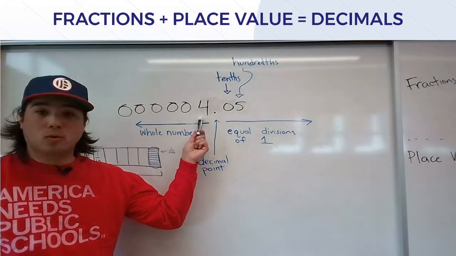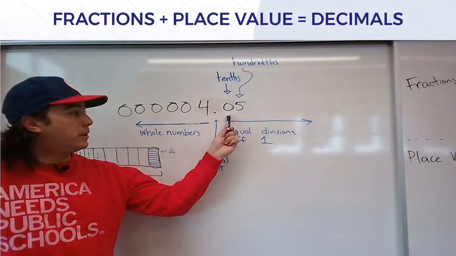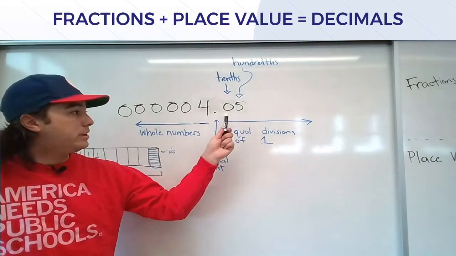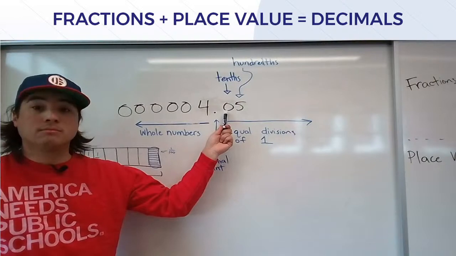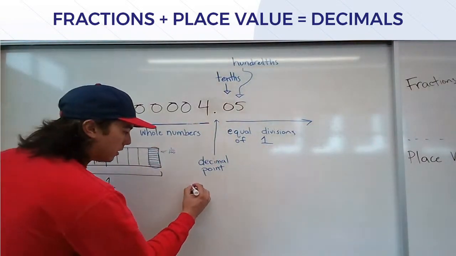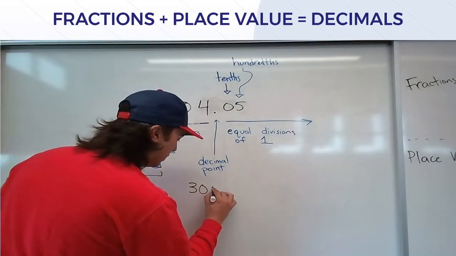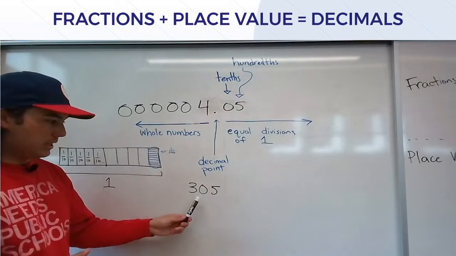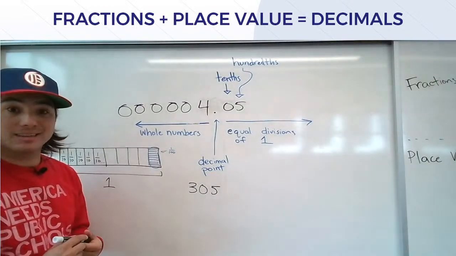Our whole number is 4. And then we have 5 hundredths. Okay? We don't have any full tens. Okay, but just like in a whole number, like if we had the number 305, right? We couldn't just leave the tens place blank because that changes the value.